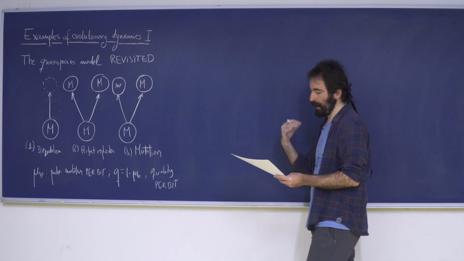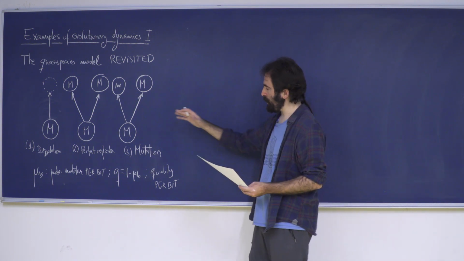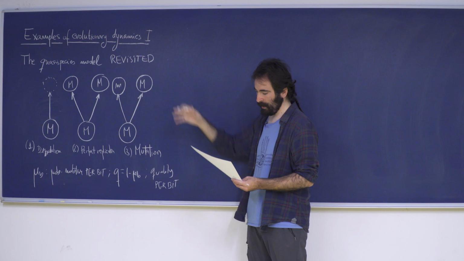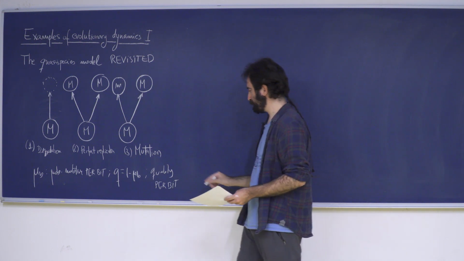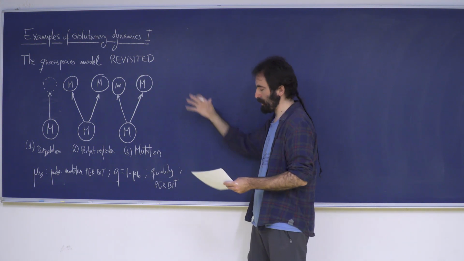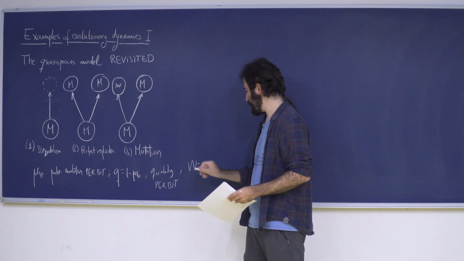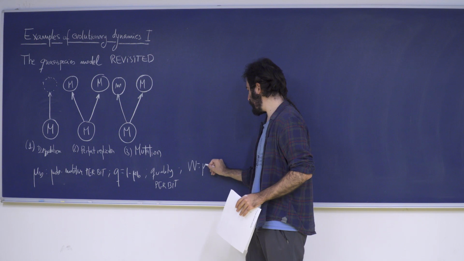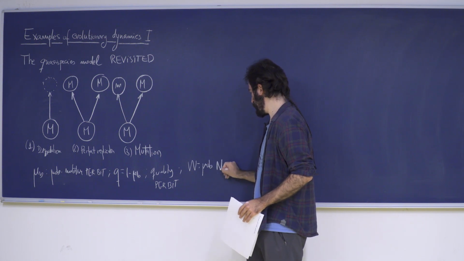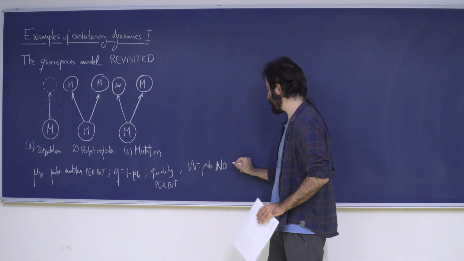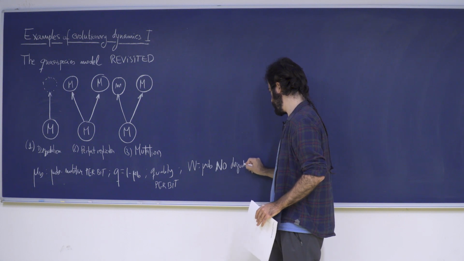We can also define another probability that will play a role in each of these replication events, or in each of these iteration events, which we are going to call W, okay? And this is going to be the probability of no degradation. Notice here that I'm saying the probability of no degradation.